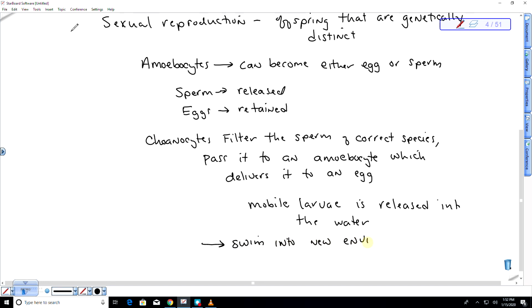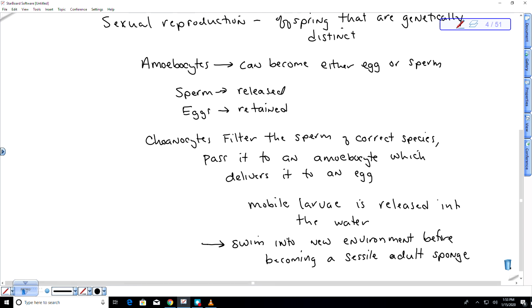So they swim out into the new environment before becoming a sessile, which means not mobile, adult sponge. Okay.